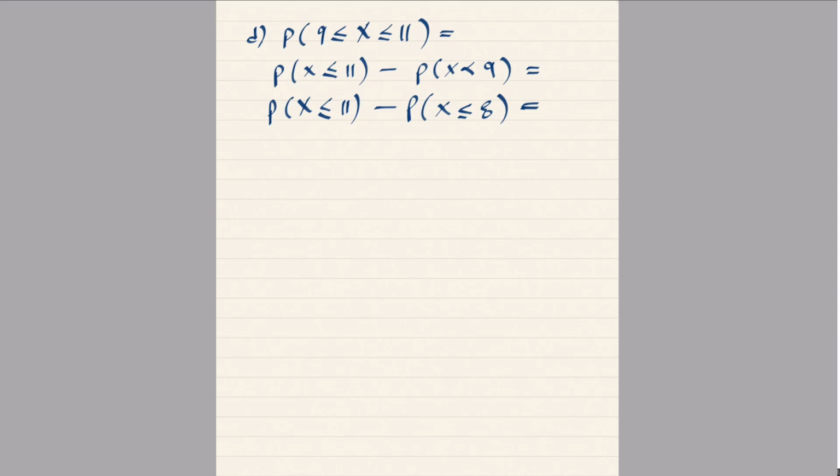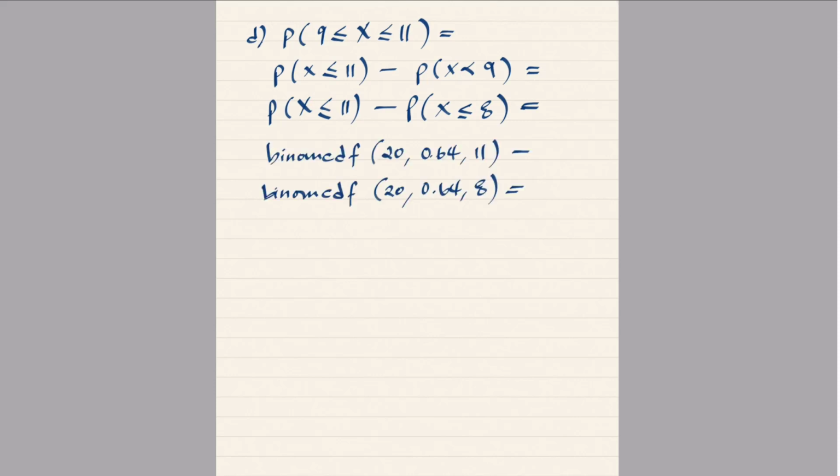The reason for that is because less than 9 with a discrete distribution means less than or equal to 8. And so it's two separate CDFs. As you can see, the easiest way is just to key them both in at one time and let the calculator do the calculating.